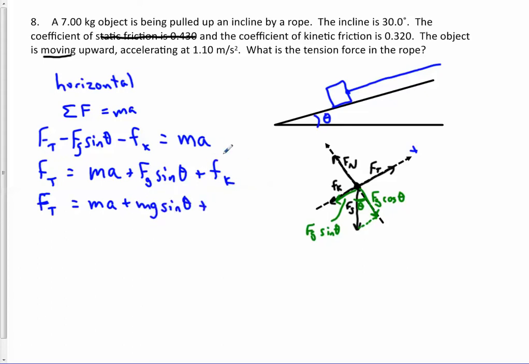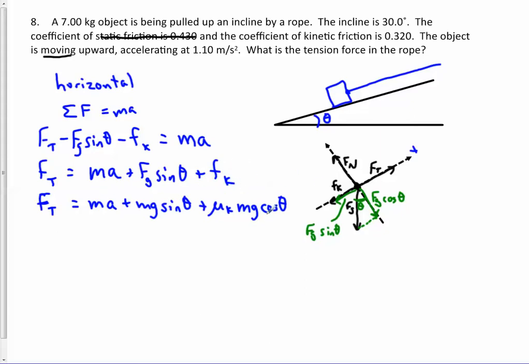And for kinetic friction, the vertical component does play a role, but we've already figured that out, and we can use our convenience formula that applies whenever you're on an incline, and the only vertical forces are the normal force and a component of gravity. There's nothing else that's pushing or pulling in our vertical direction. And so that was mu k mg cosine theta. That was our convenience formula for kinetic friction.